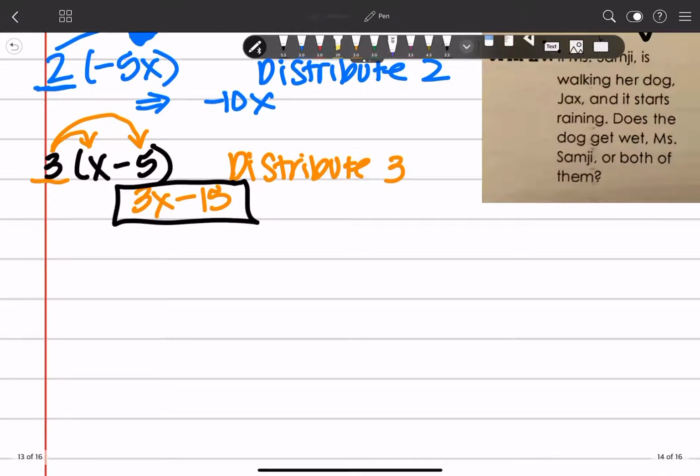Okay, this one is a little bit different. I'm going to keep it black just so you guys can see it. And this one you're like, what are you talking about? There's nothing here.